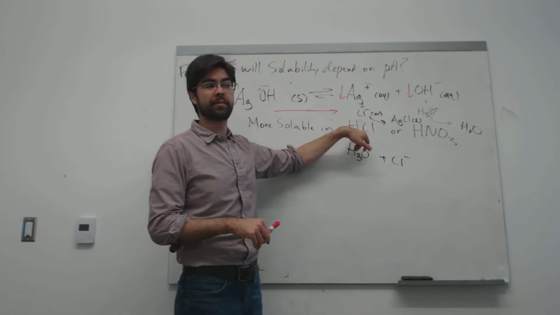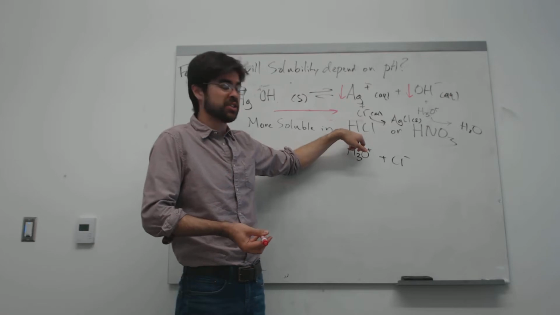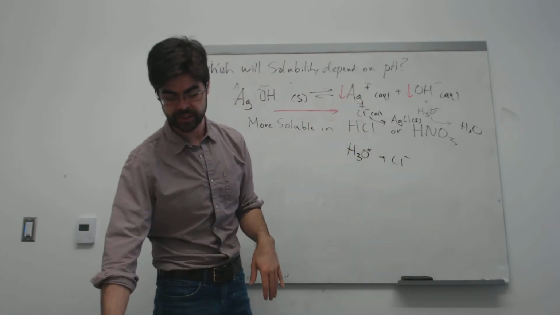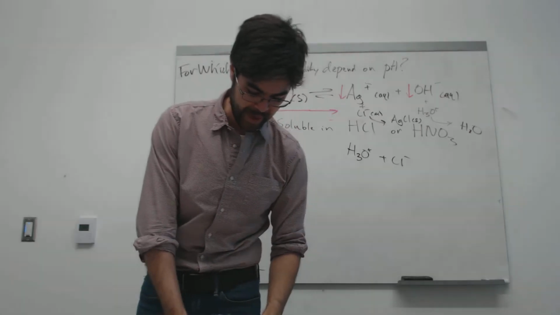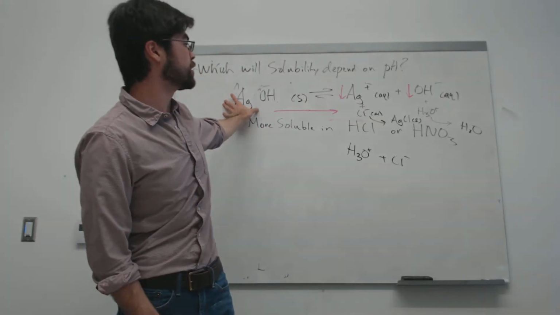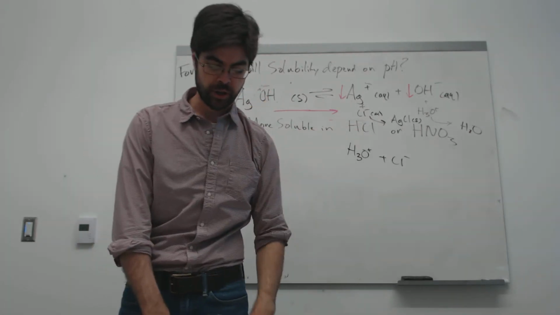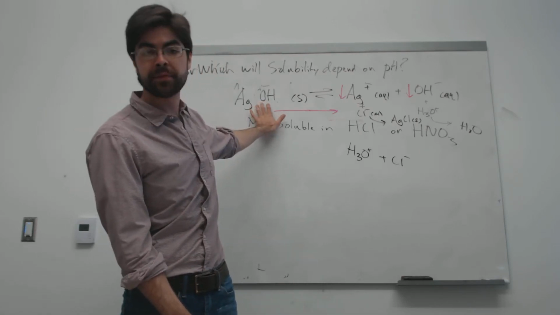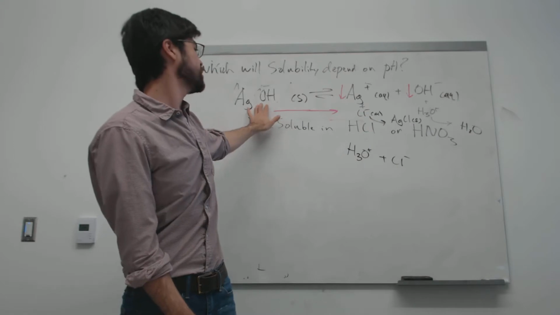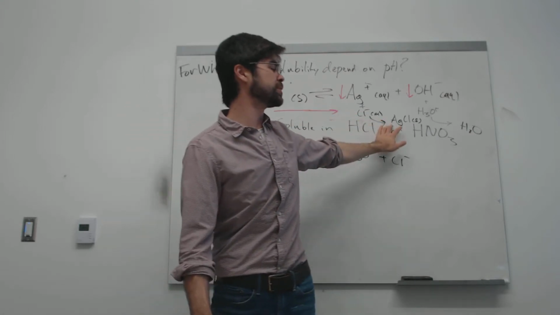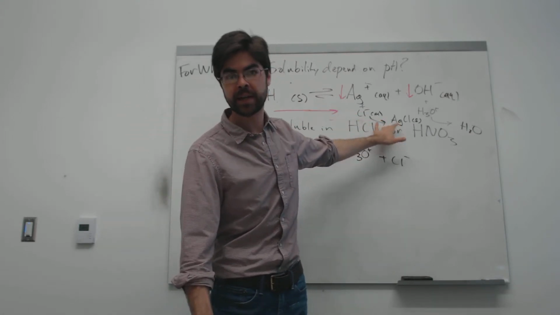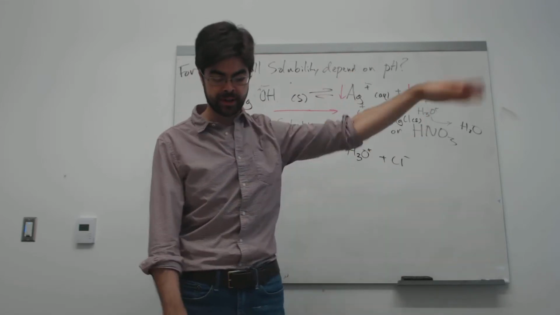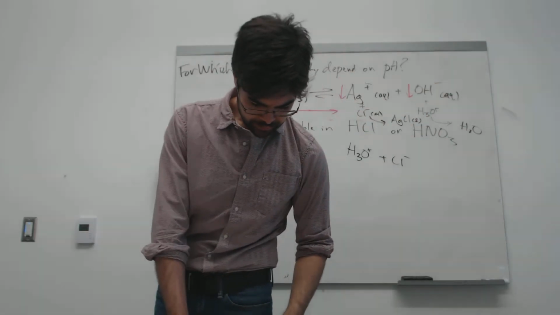You're doing it both from the acidic behavior of HCl and the tendency of the chloride ions to react with silver ions and pull them out of solution, which causes the silver hydroxide to dissolve. So this one is actually a little bit interesting, because you'll see first a silver hydroxide precipitate, which is eventually going to convert into a silver chloride precipitate. But we'll still say that the solubility of silver hydroxide has increased and has converted in that way.